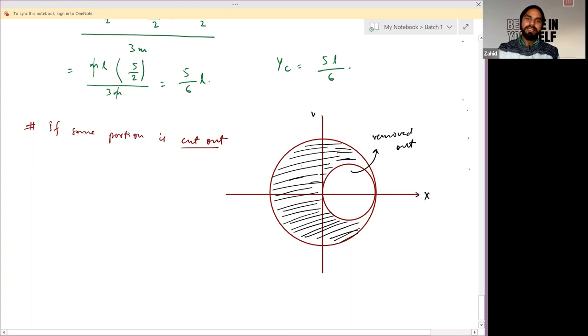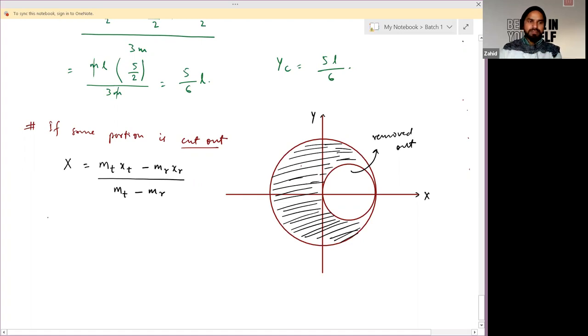So we have to find its new center of mass, with X-axis and Y-axis. How to define this type of problem? Just use the formula. Center of mass for this type of problem will be M total X total minus M removed X removed, divided by M total minus M removed.